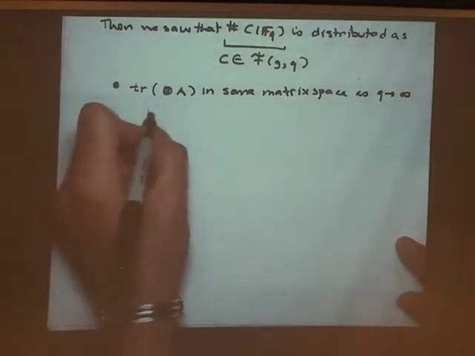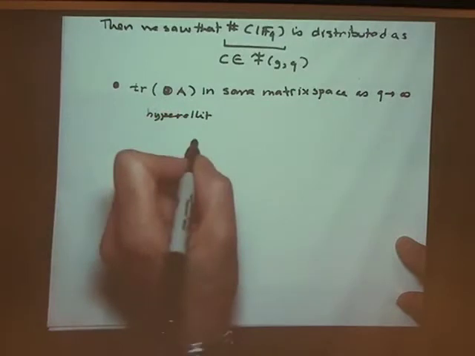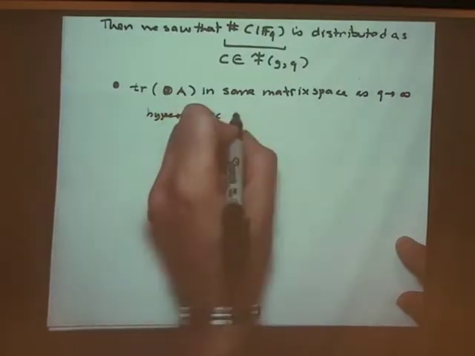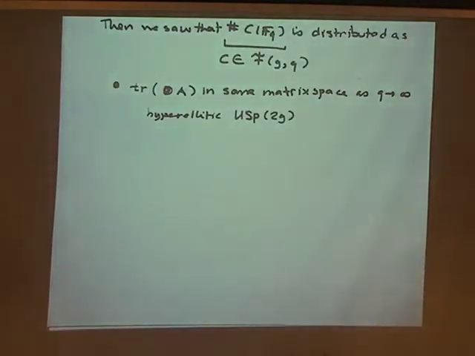So for hyperelliptic curves, this was USp(2g). If you know the distribution of traces of matrices in USp(2g), you know everything you want to know about the distribution of the number of points, properly normalized by square root of q.